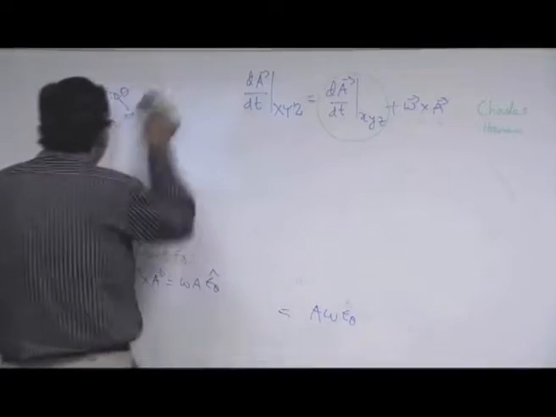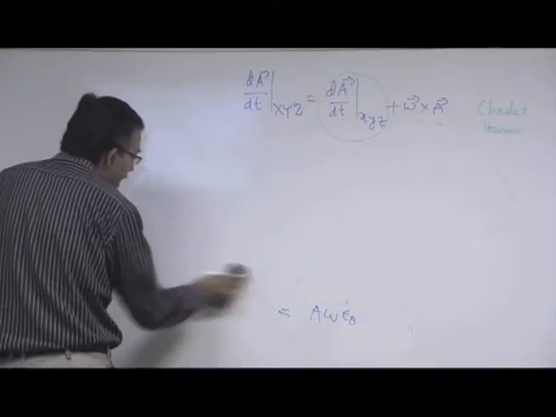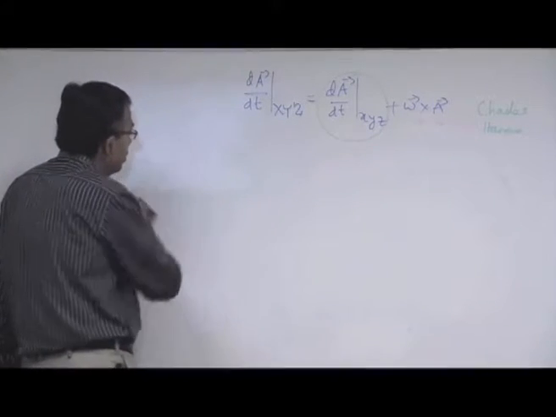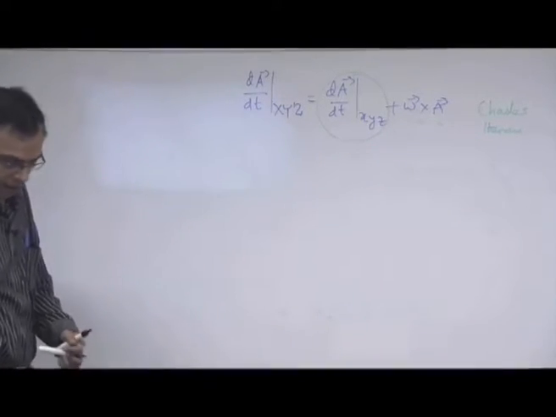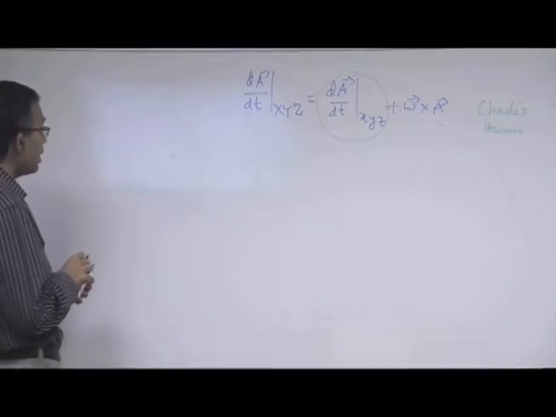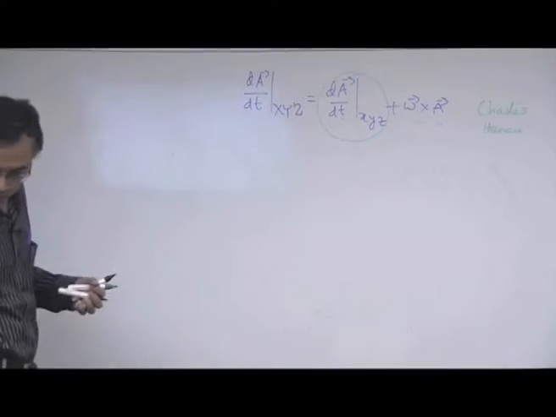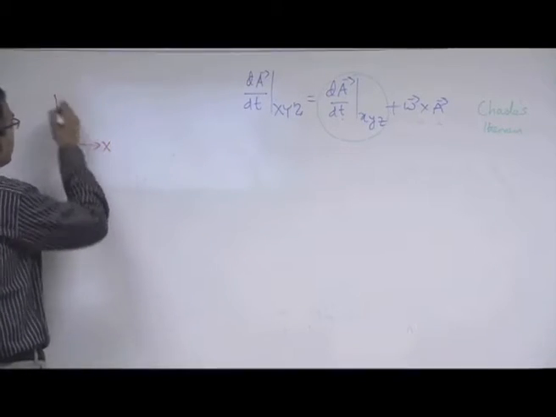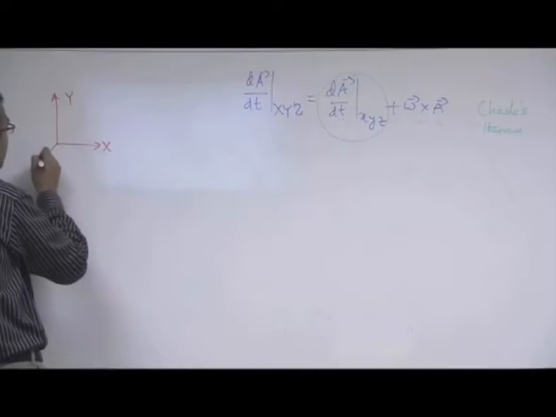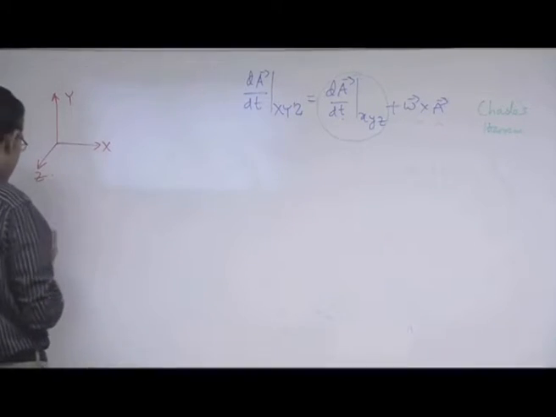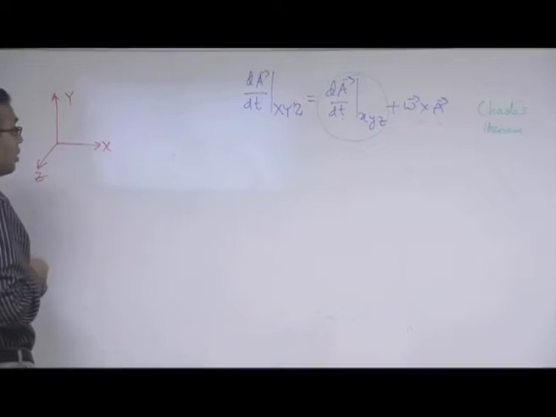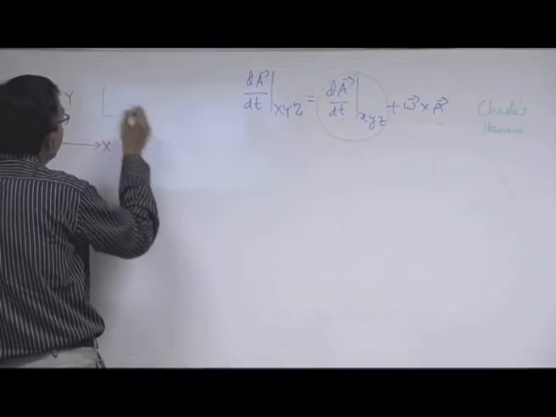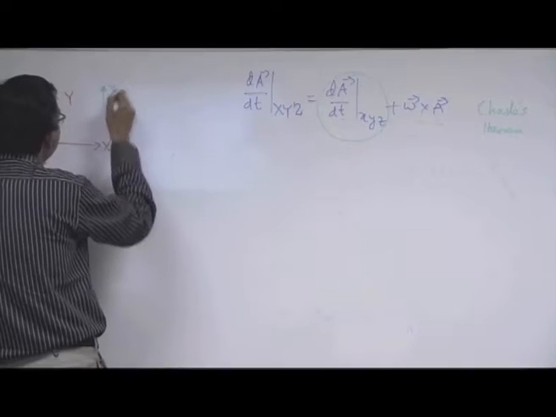Now let us get back to our scenario of finding the acceleration on the disk. So let us draw the schematics. You have capital X, capital Y, capital Z, then small x, small y, small z.